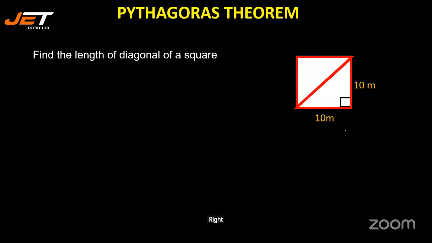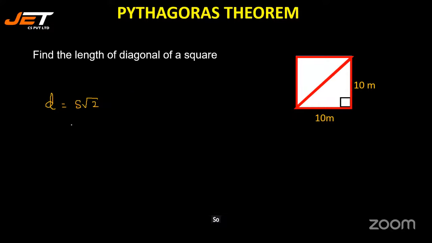Right. So what is the diagonal formula? The formula for a square is D is equal to S into root 2. Side into root 2. So the length of the diagonal of a square with the side of 10 meter.